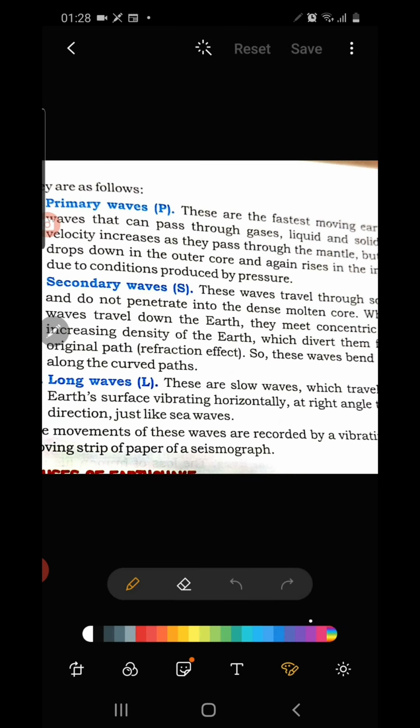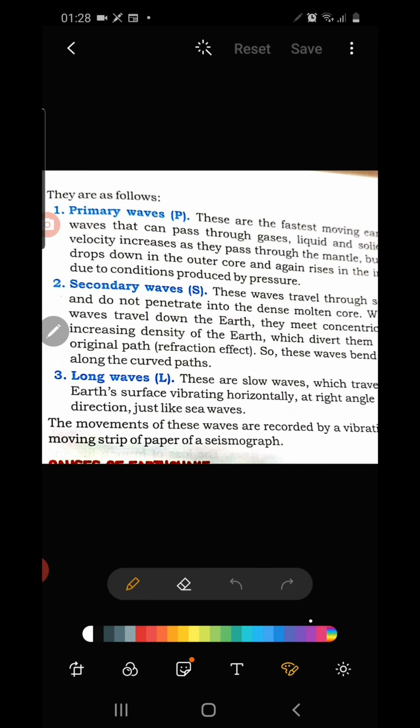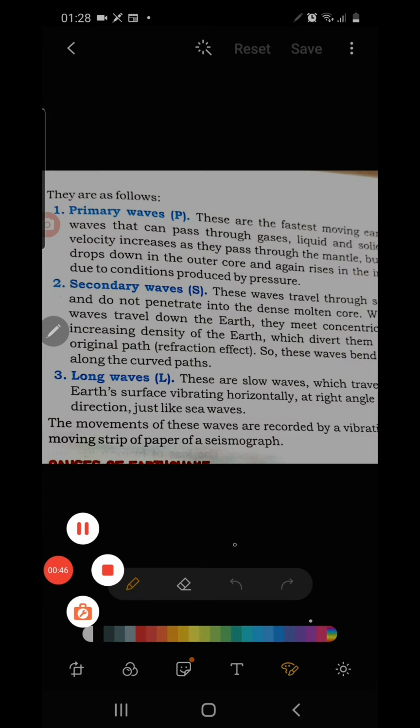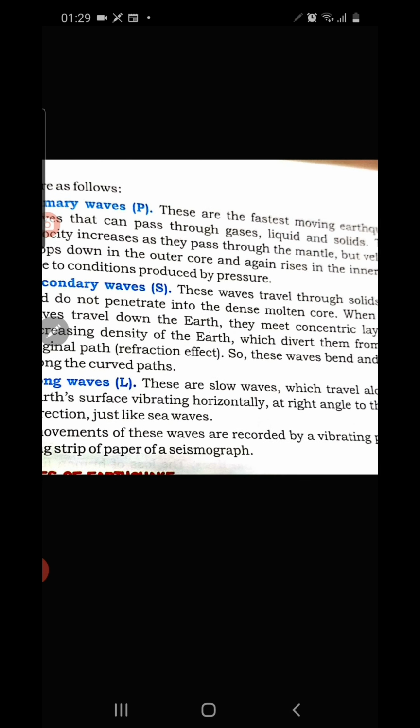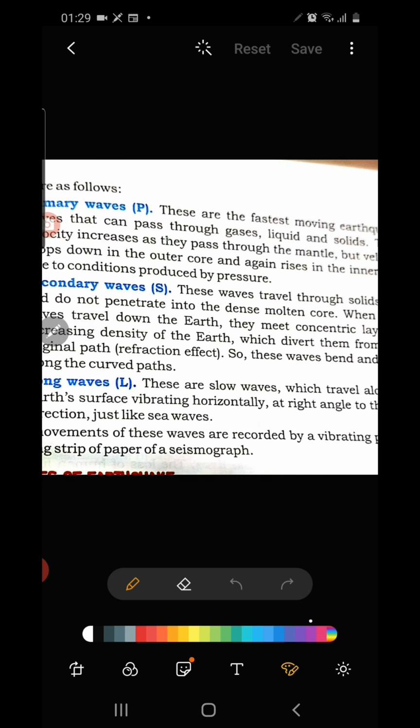These waves mainly help us to know about the interior structure of the earth, because we cannot directly go and study the inner earth. So at the time of an earthquake, scientists study the nature of these waves, and then they understand the internal structure of the earth.